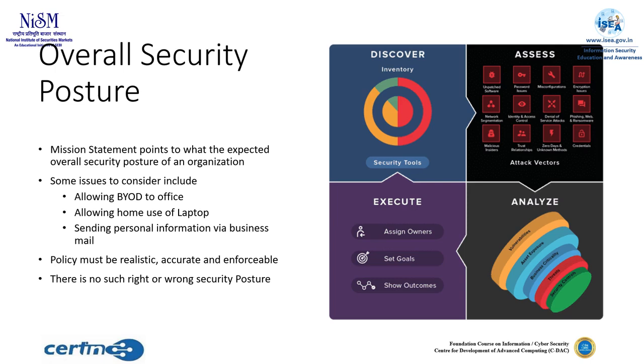Using business email for personal information can also be a possible threat. So you need to identify these so that your policy is realistic, accurate, and enforceable. Defining as many requirements and recommendations as possible, whether required or not, and keeping them in a policy statement may not work properly.